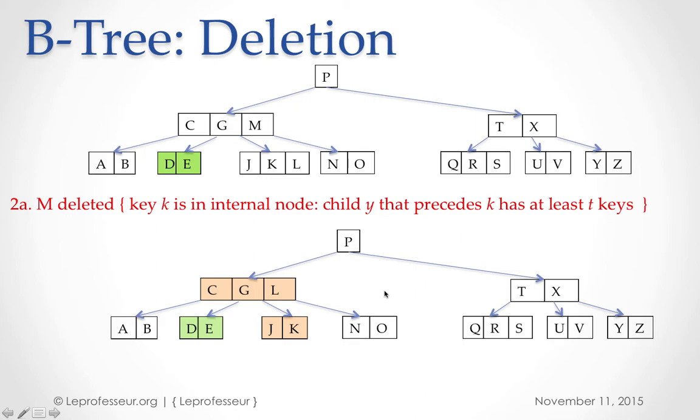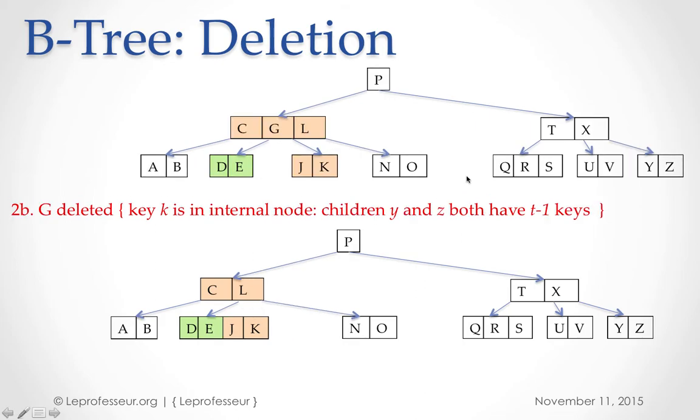Now let's take another case. In this case we want to delete G. This is a case where the key k which we want to delete is present in an internal node, and both children y and z have t minus 1 keys.